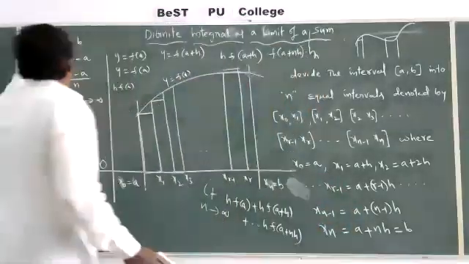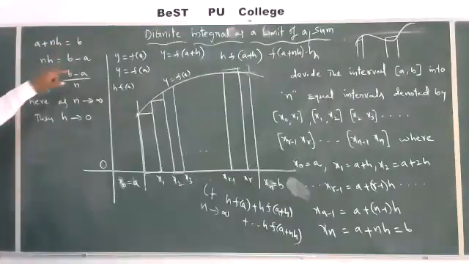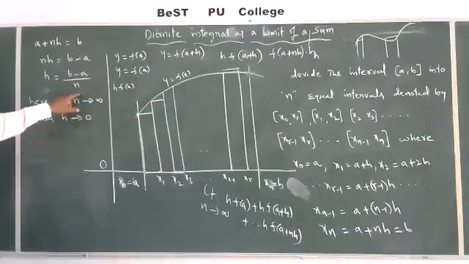Then write this: a plus nh is equal to b. Then nh is equal to b minus a. H is equal to b minus a by n. Here, as n tends to infinity, then h tends to 0.